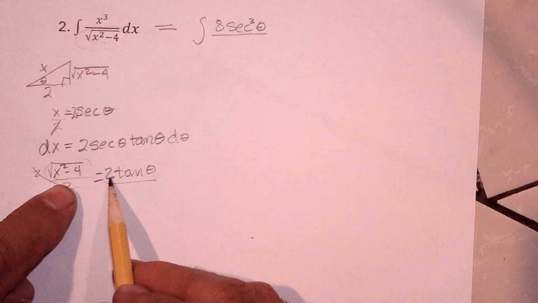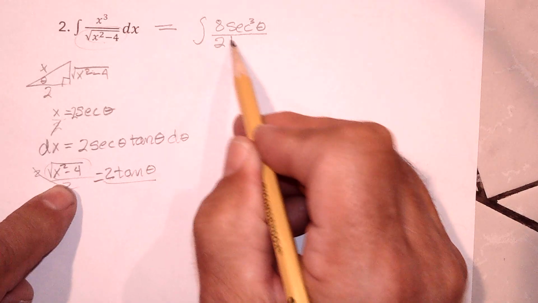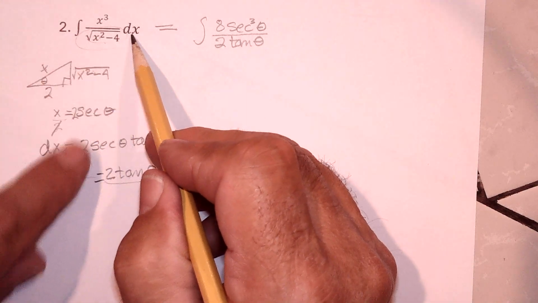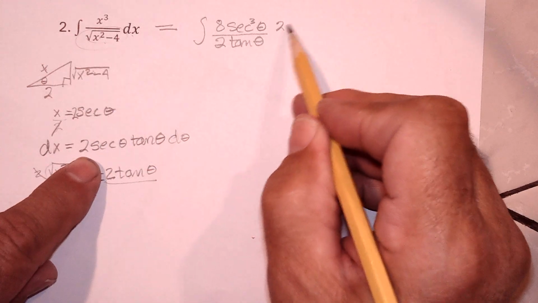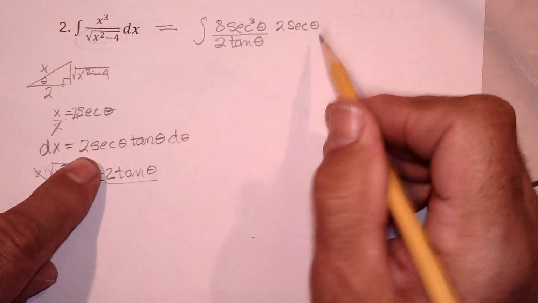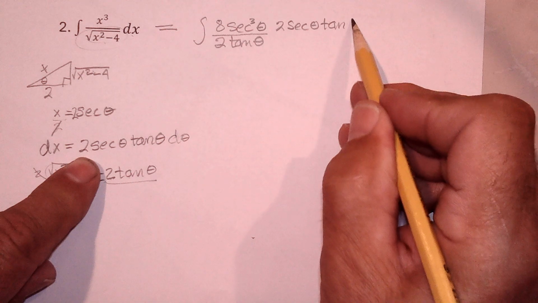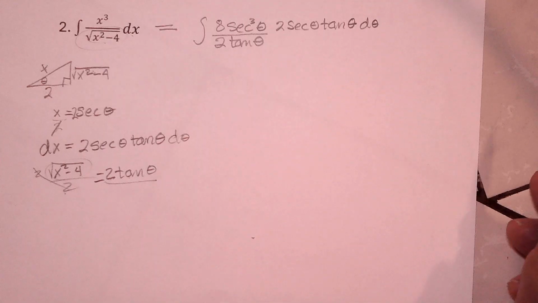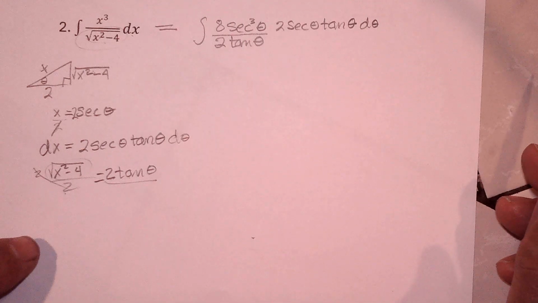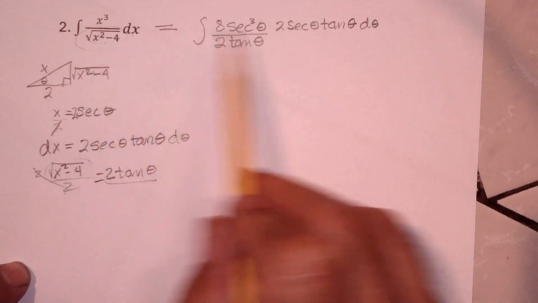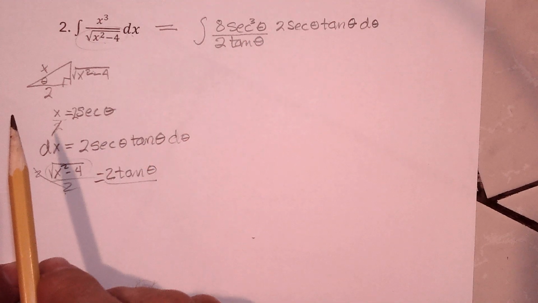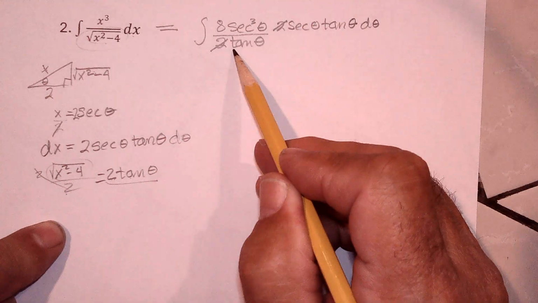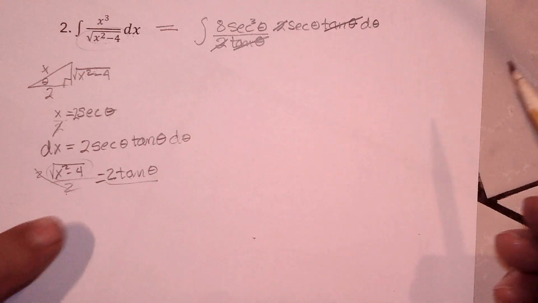The mess is 2 tangent theta, the dx is 2 secant theta tangent theta d theta. So this goes to this. The 2 cancels the 2. Tangent theta cancels the tangent theta.